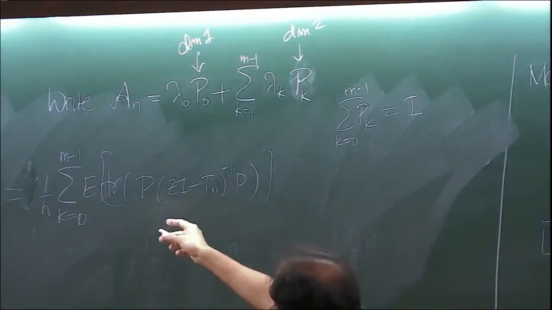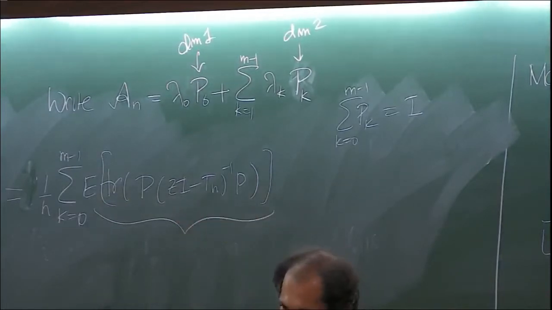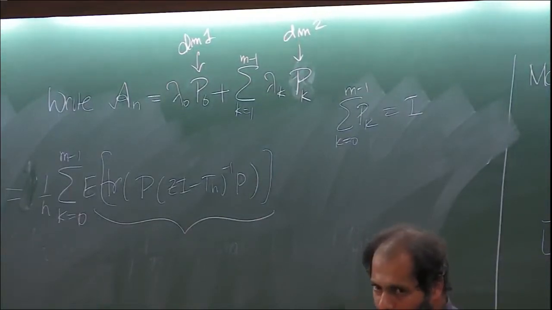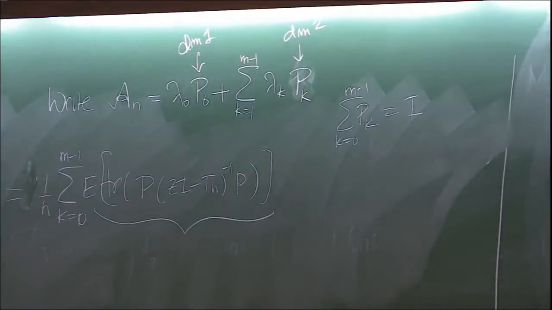Okay. So we have to evaluate these kinds of things: the expected trace of P (z minus Tn) inverse P, where P is a fixed projection matrix that's not random. So that is the spectral averaging technique.